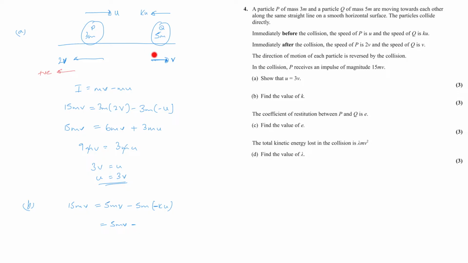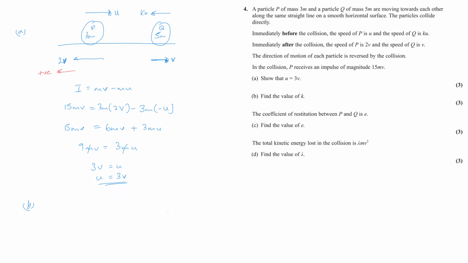But if I wanted to take the left as positive, the impulse to the right would have been a minus 15. So I would have had minus 15mv equals, and then it's a minus v. Do you know what I mean? Well, let me explain.